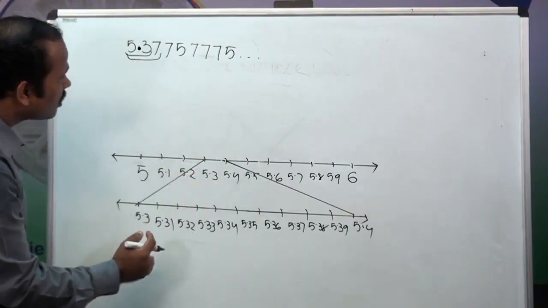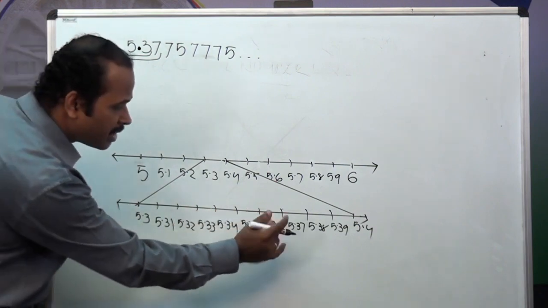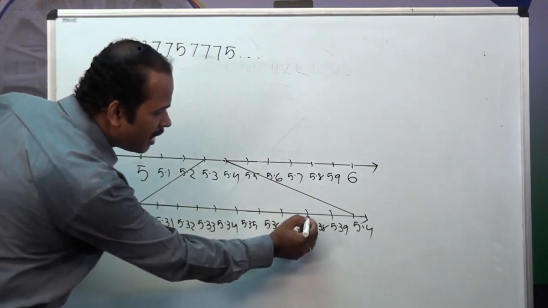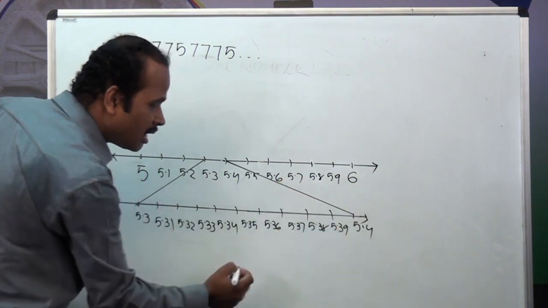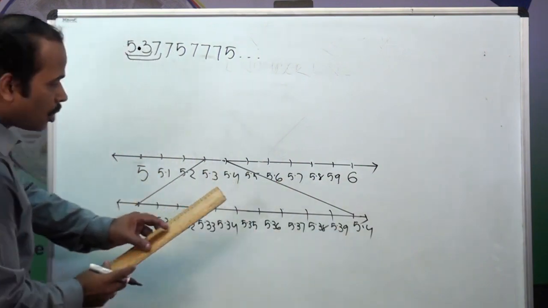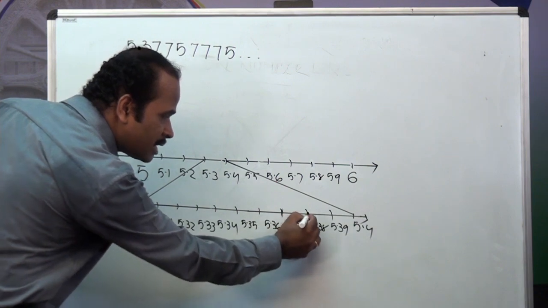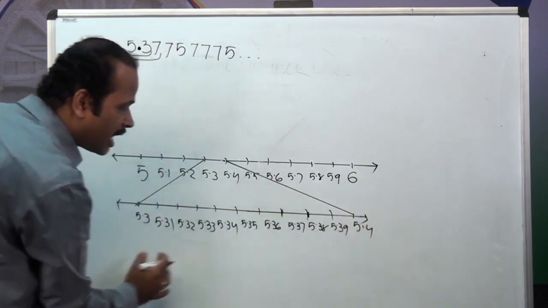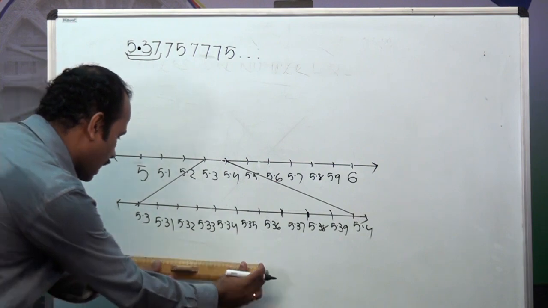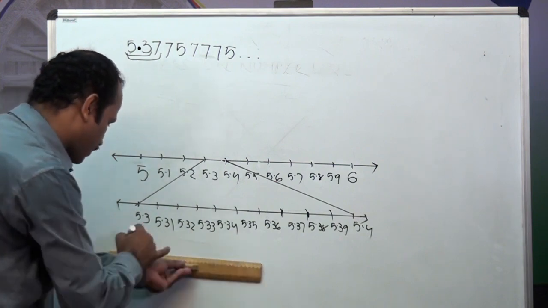where it lies. It lies between 5.37 and 5.38. Between those two numbers it lies. So between this 5.37 point and 5.38 point, this has to be again extended into 10 more equal parts. Let me draw a line there.